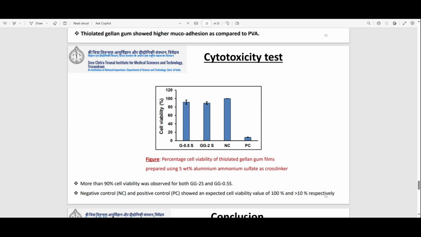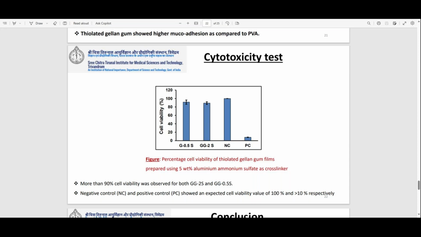We also checked the cytotoxicity of the film using L929 mouse fibroblast cells, because it's simply a basic cytotoxicity test to see whether it is toxic or not. Definitely we have to do it with the cell line that is more suitable for this application, but here it's a basic study.